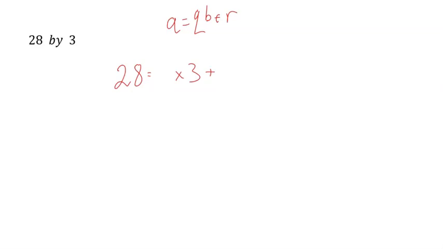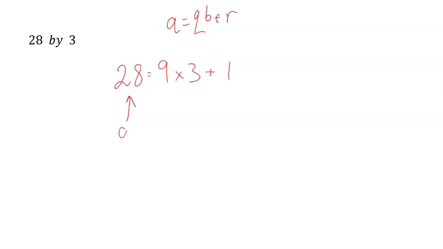So we say to ourselves, right, 3 times what gets me as close to 28 as I can without going over it. Well, 3 9s give me 27, 3 10s give me 30, so that's too far. So I'm going to say it's 9 times 3, and then what do I have to do to correct it? What's going to be my remainder?